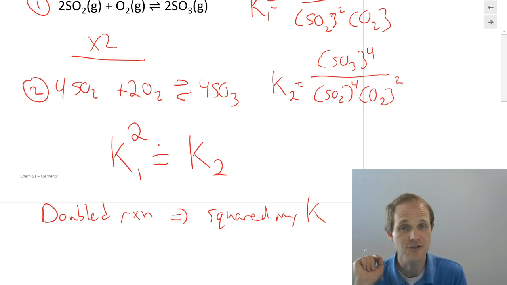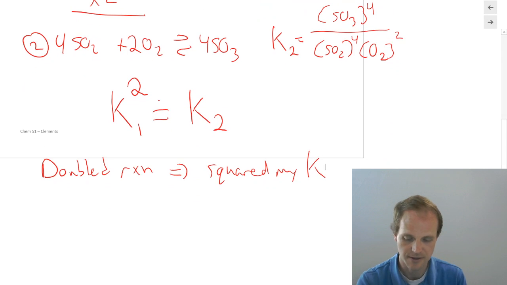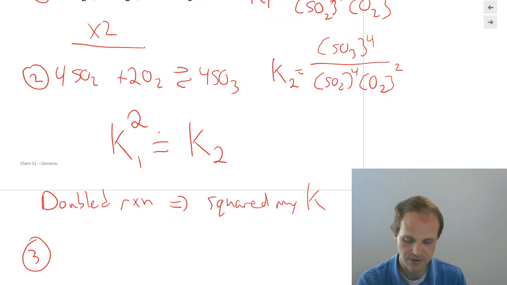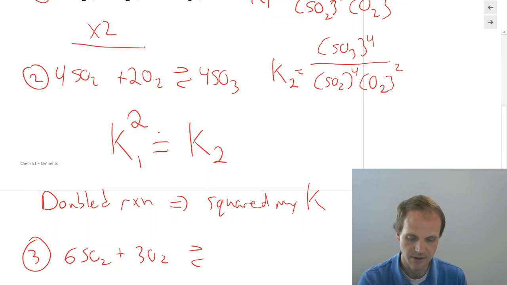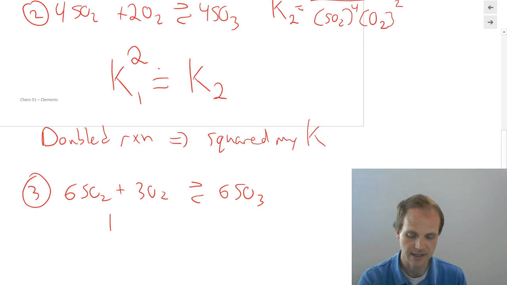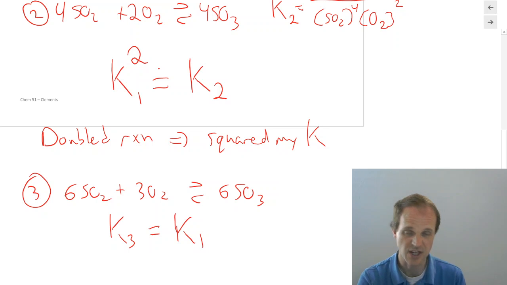What do you think would happen if I tripled the reaction? If I said, now instead of 2 SO2s, I've got 6 SO2s plus 3 O2s goes to 6 SO3. Well, I'd find that K3 of this reaction would be related to K1 by cubing it.